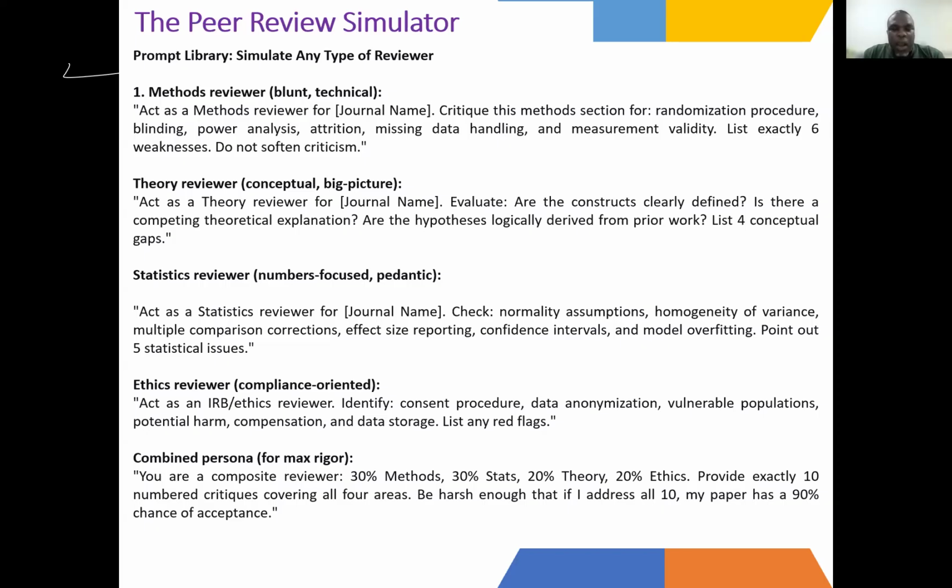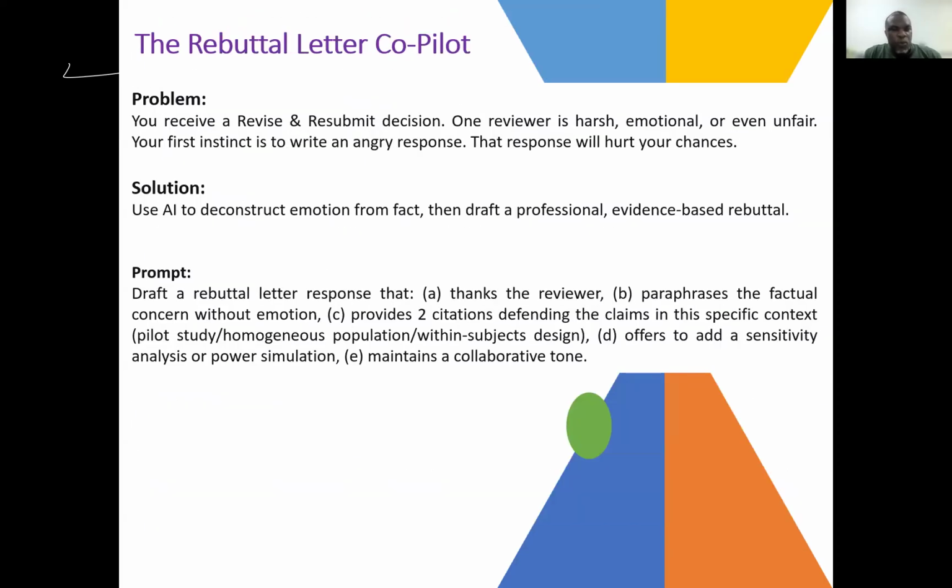Now, assuming our work has gone for review and it came back with a lot of insults from reviewer 2 and so on, and you are so emotional. I can remember a number of times when I was doing my PhD, when my work went out for review and it came back, some reviewers said, oh, major revision and so on. But there's one reviewer who always told me, this is chaotic.